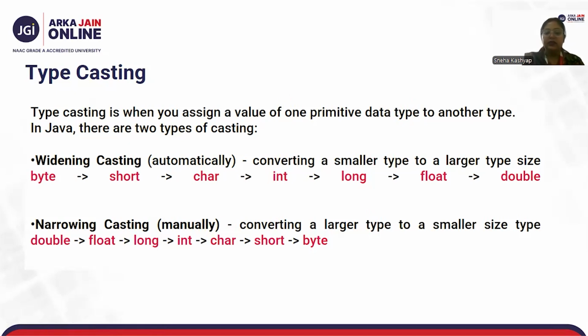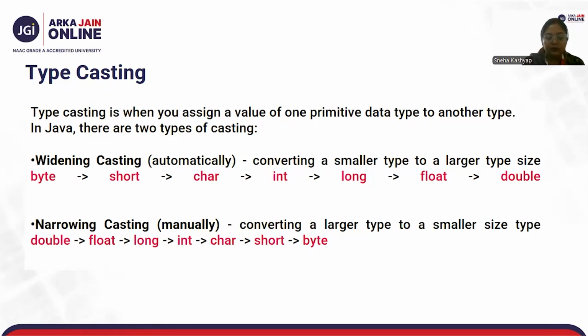And similarly, while converting from a larger data type to a smaller data type, we call it narrowing casting. In narrowing casting or manual casting, we convert from a higher data type to a lower data type. So double, float, long, integer, character, short and byte is the order of converting it.